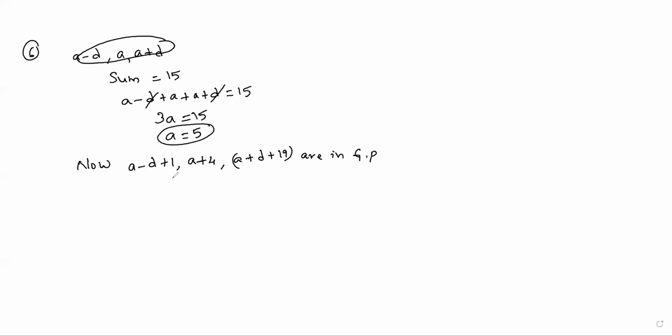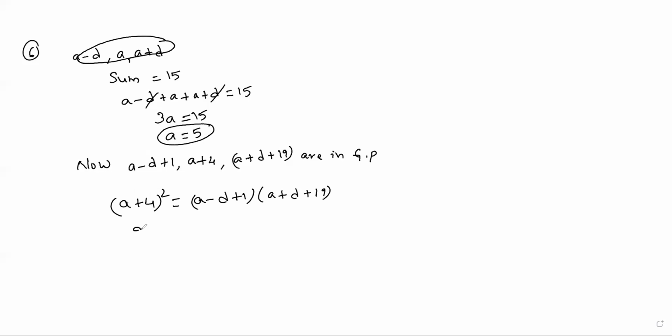Now, when these 3 numbers are in GP, we know a, b, c in GP means b square equal to a into c. Here, what is b? Nothing but a plus 4, whole square, equal to a minus d plus 1 into a plus d plus 19. Already we know the value of a. What is a value? Clearly 5.